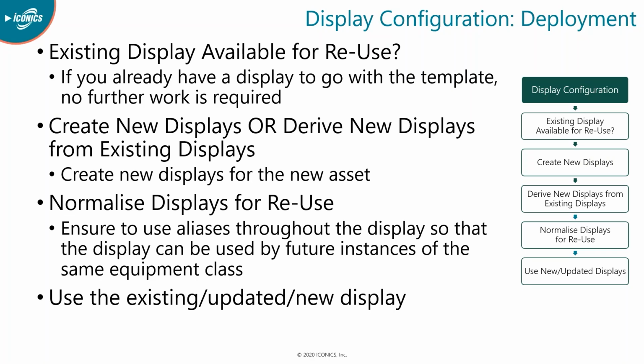But if you have a completely brand new site type or system type, you would obviously create new displays, or derive a new display using information from existing displays, or reuse your standardized symbols that you have created. Then you make sure that you normalize it. That typically means you're using the asset structure and replacing part of the hierarchy with a local alias, so that when you click on a particular site or system, the local alias is set to the right asset, and then you can start using that new, existing or updated display.